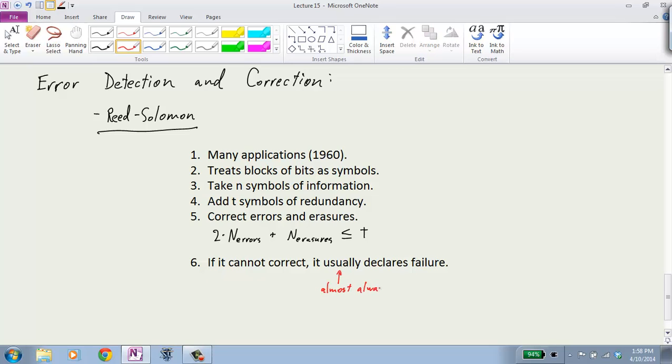This is actually a good thing, because the alternative is that it spits out some other information that's incorrect, and you think it's correct. That could easily happen, right? It fails in its attempt to correct the information, and it corrects to the wrong thing. But that usually doesn't happen in the Reed-Solomon codes, because it's not perfectly efficient in terms of using the redundancy. It means that if you introduce too many errors, it's likely that the decoder will just say there's no information that this matches very well.